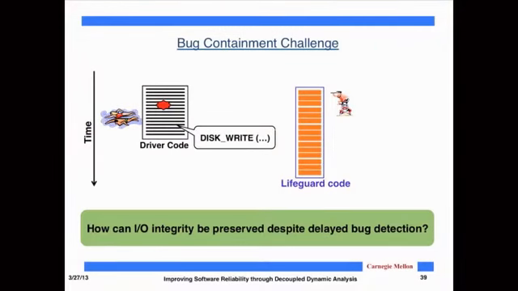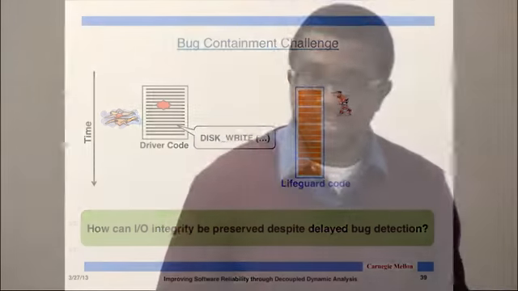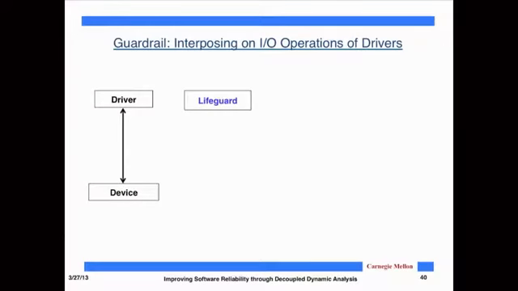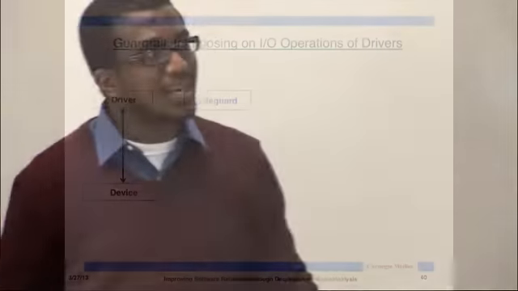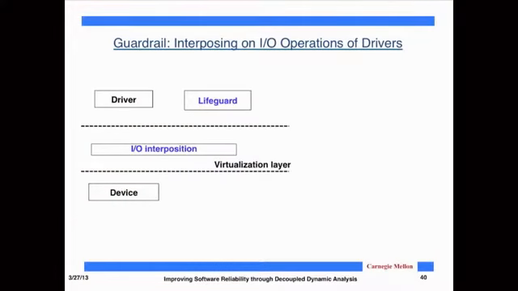In other words, we need to preserve I/O integrity even though we're detecting bugs after the fact. I looked at it and said, this is because the driver talks directly to the device, so why don't we put something in between them? Virtualization seemed like a really good approach. So I built something around a virtual machine monitor where I added an interposition layer.